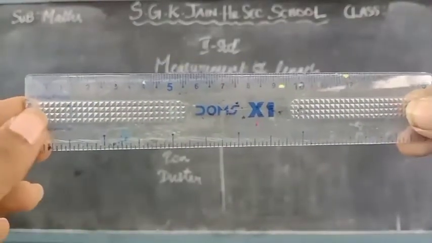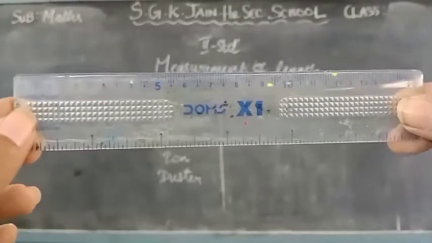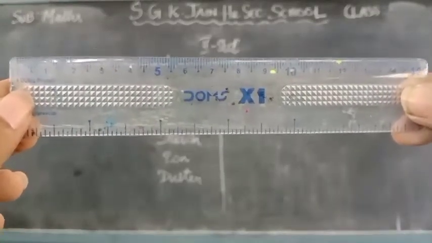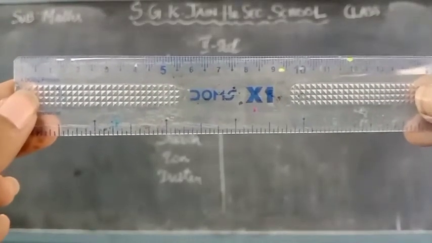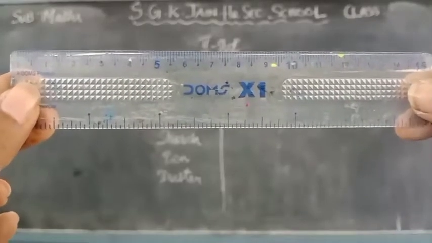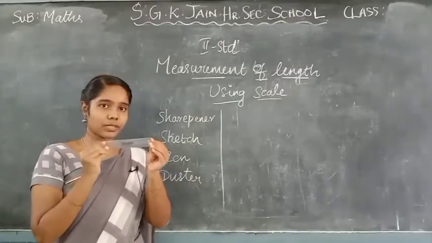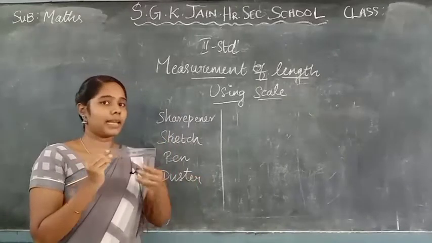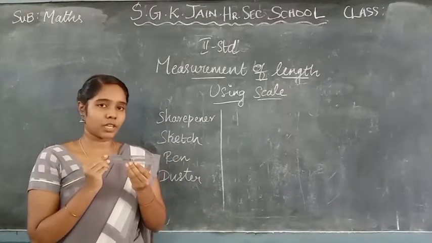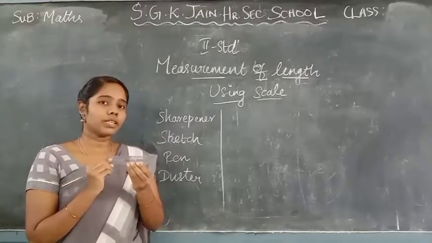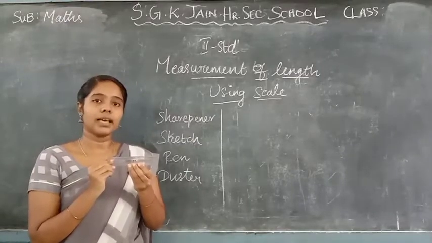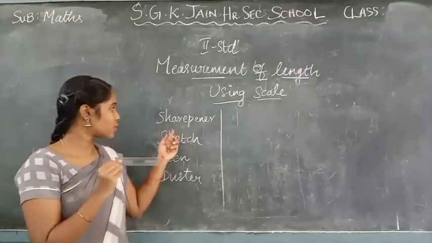Okay, children, now let us use certain objects that we use in our classroom to measure their length. We are going to use the scale to measure the length of certain objects. Shall we measure? First we are going to measure a sharpener.